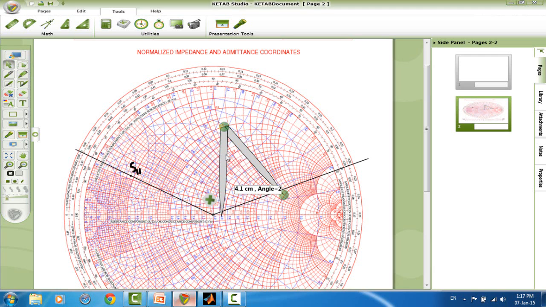Here is S22, the maximum gain at the load.